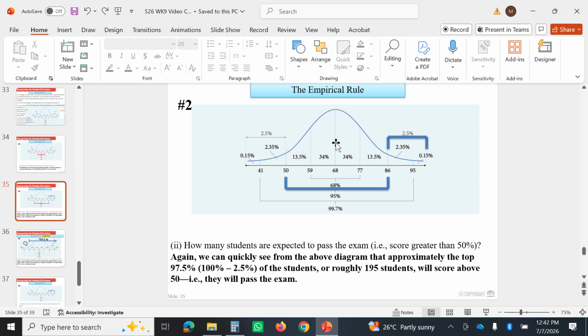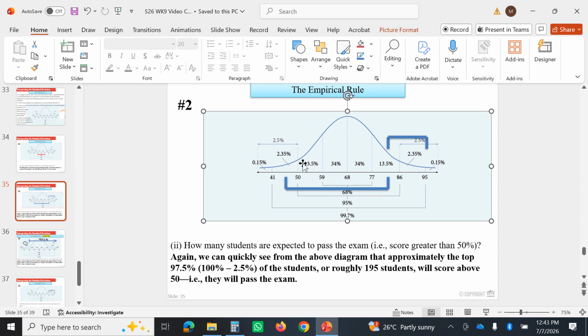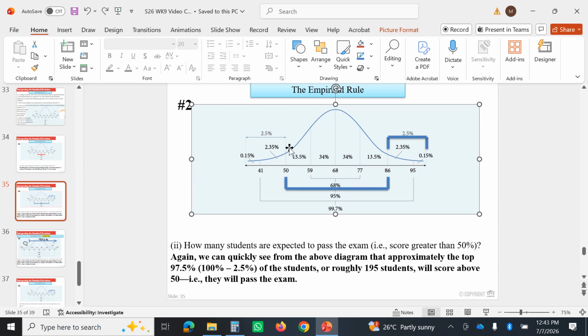So here, all of this on the right side, 50% of the data values. There's 50%, plus 34 is 84, plus 13 and a half, 97.5. Okay. So 97.5% of the people are expected to pass.